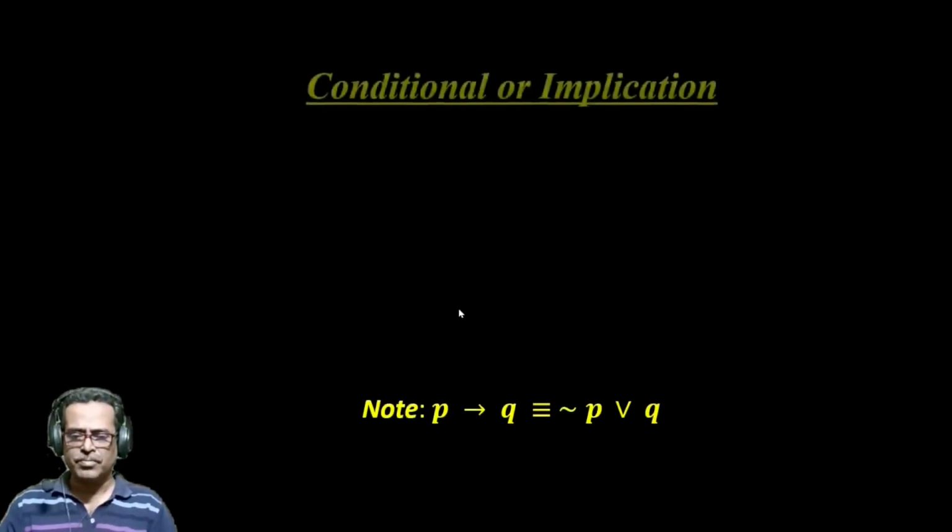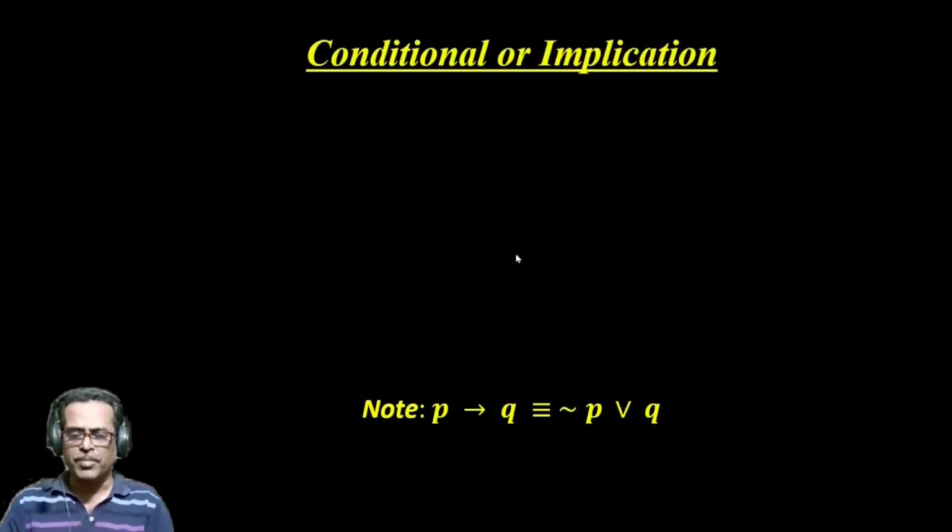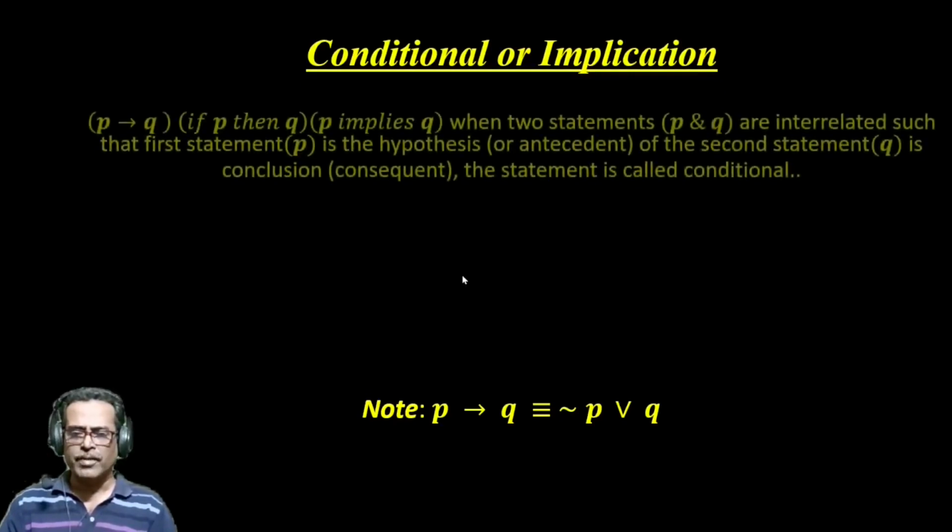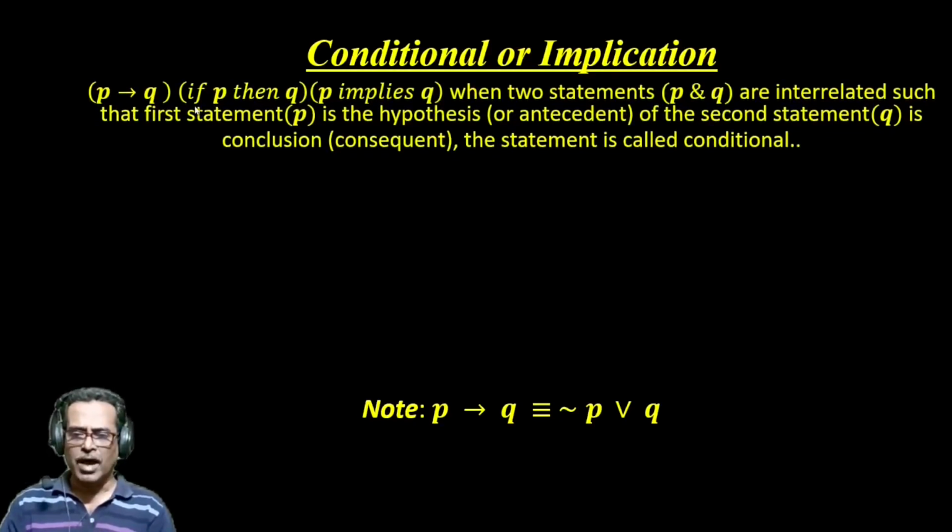Next, conditional or implication. Conditional statement P arrow Q, and if and then are the connectives, or we can say that P implies Q. When two statements are interrelated such that the first statement is the hypothesis and the second statement is the conclusion or consequent, the first statement is called antecedent and the second statement is consequent. The statement is called a conditional statement.